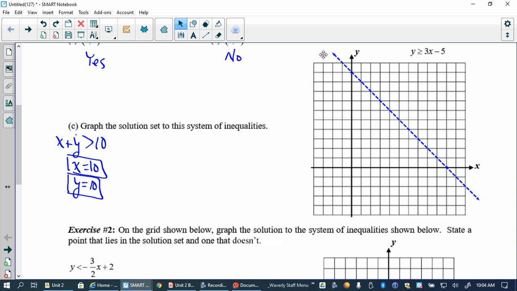If this was negative y greater than, then positive y would be less than, right? So you've got to be careful when you do these. Since a positive y is followed by the greater than, we would shade above. But we're going to wait on the shading because I want to put the other one in there first.